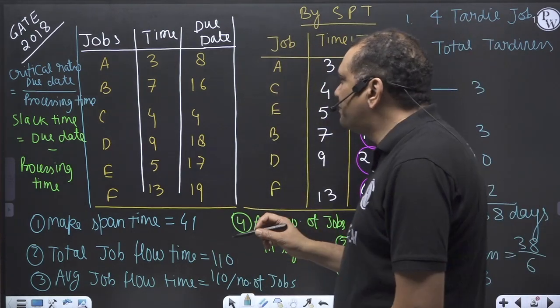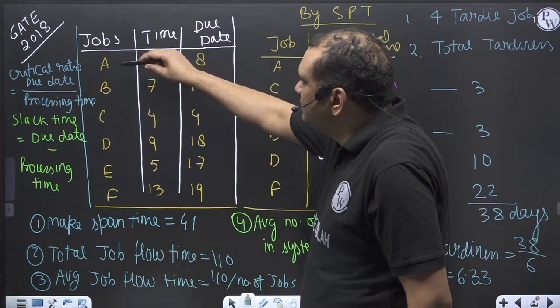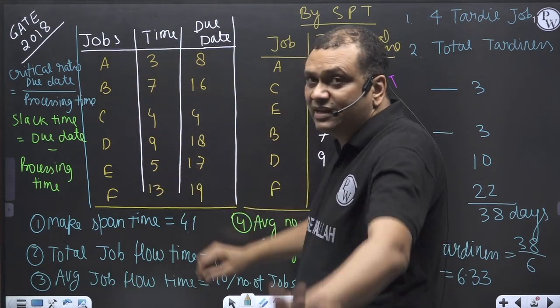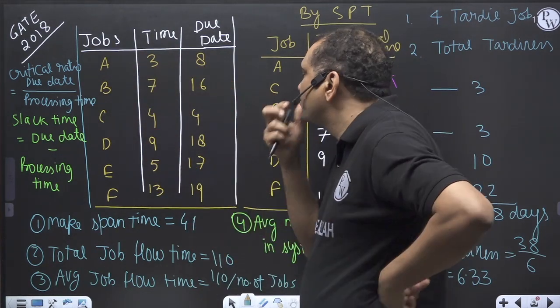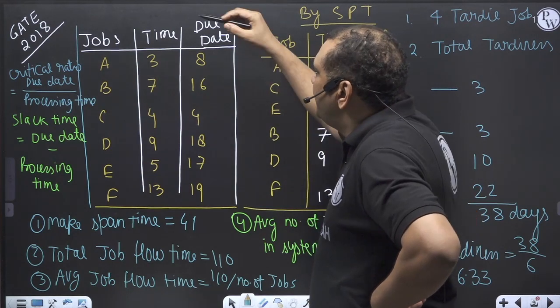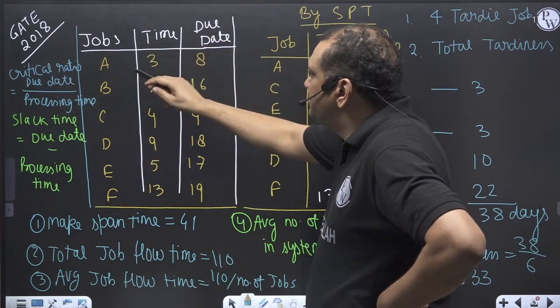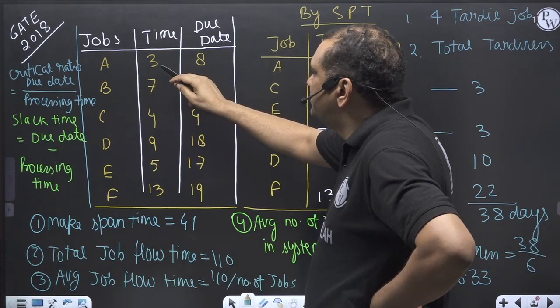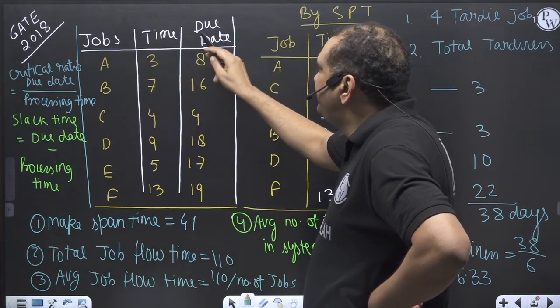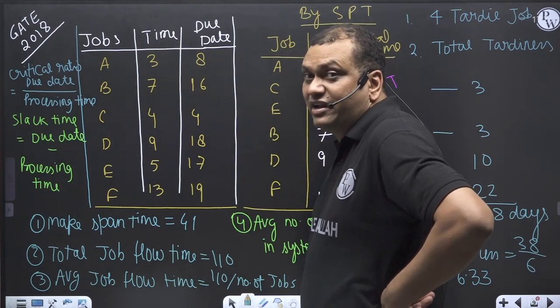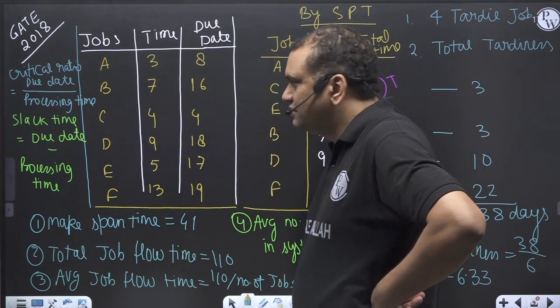So this is the problem given. Jobs A, B, C, D, E, F. There are 6 jobs. Time to process job A is 3 days. Due date is given as 8 days. After 8 days, we need to dispatch it.